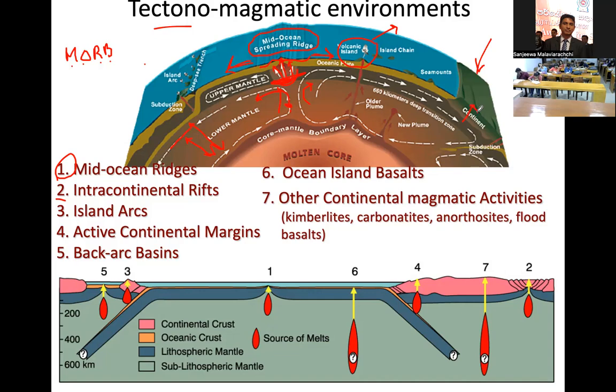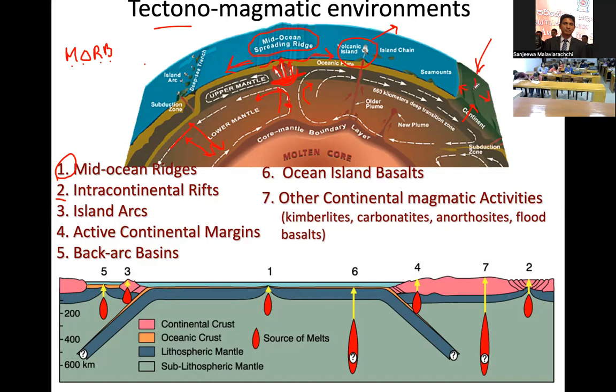Melts form. Melting is taking place. So how can this happen? This can happen because of, again, some weak zone. Again, some weakening of the continent should take place. For example, if there are some extensional forces within the continent itself, then what can happen?